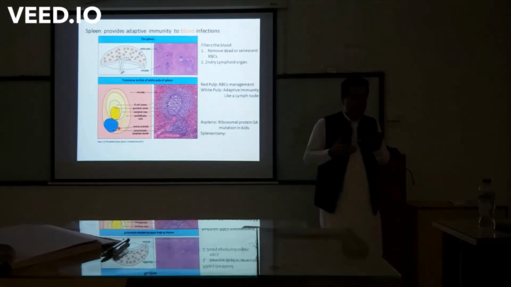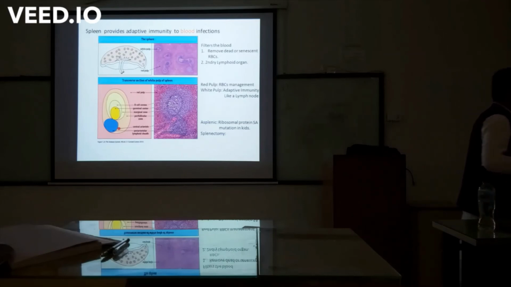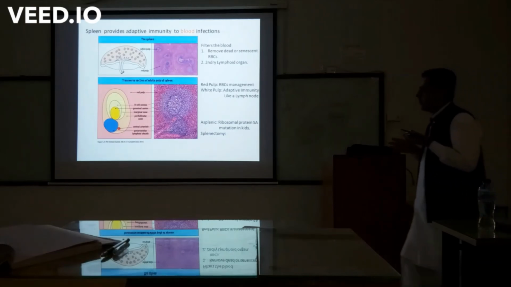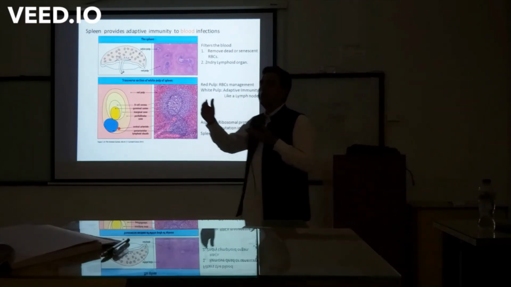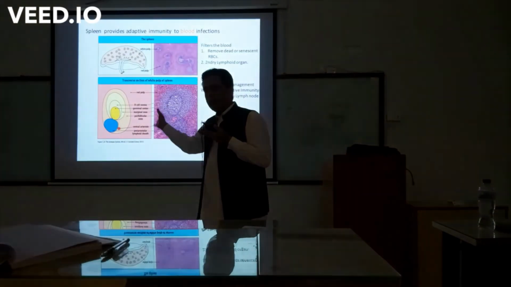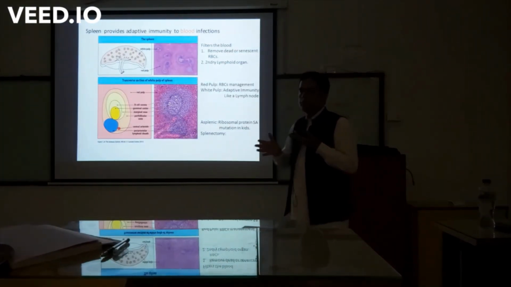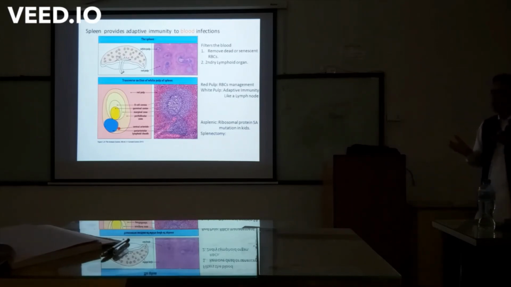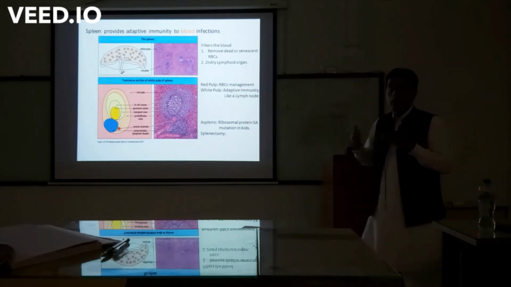So people, adults for instance, if they undergo this procedure, splenectomy, they still would be protected from many different types of pathogens that they have come in contact with in their lifespan. They may have come in contact with, for instance, different species of bacteria or different viral infections that he would have gone through.